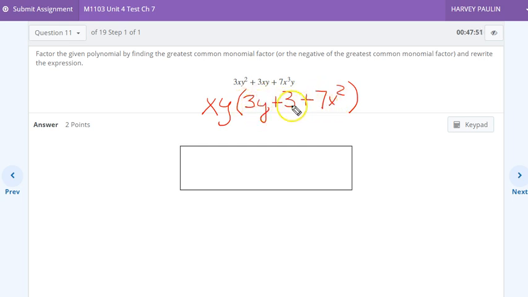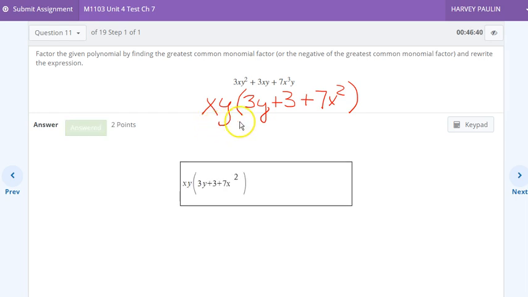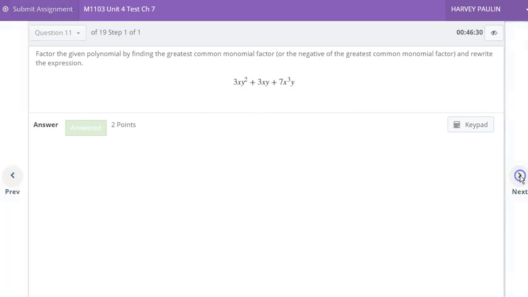No. And then distribute to check that you would get this again. All right, let's put that in. And again, you want to check that what you have on your blue sheet is what you put into the system. Let's go on.